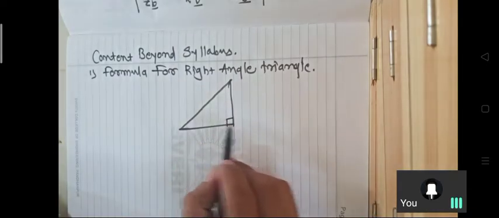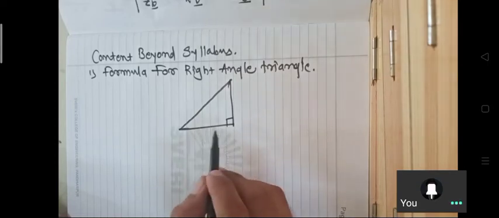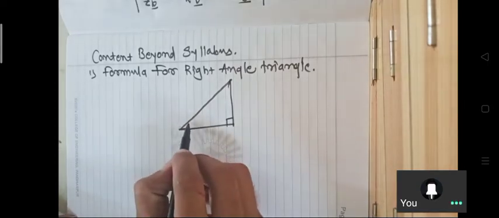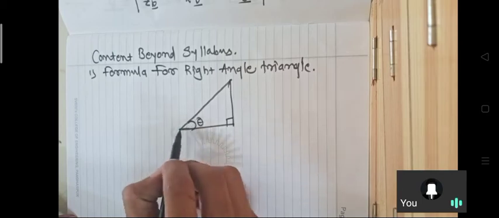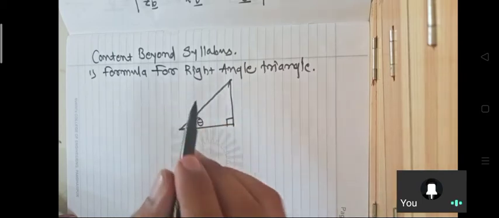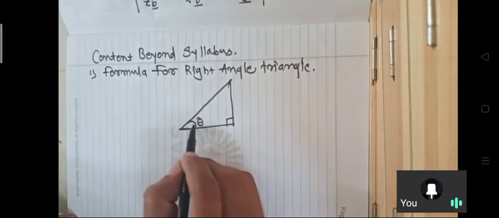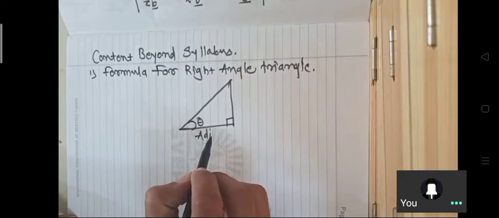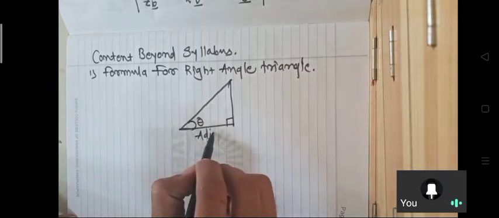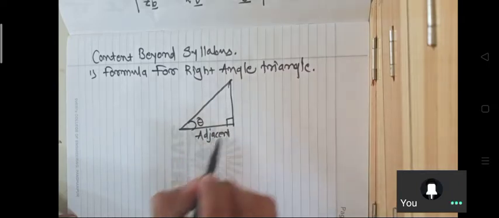So let's say this angle is 90 degrees, and you are writing all those formulae for theta, which is the angle between those two legs, and for this theta we will have the adjacent leg here. This is the adjacent leg.